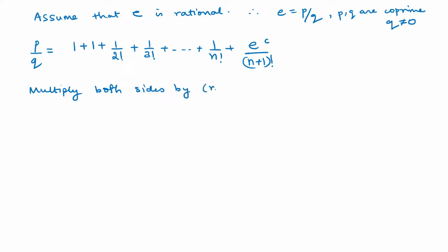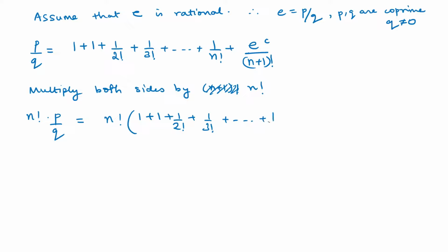So what we're now going to do is multiply both the sides by n plus 1 factorial. Okay, so what this does is that it isolates, or rather instead of this, what we'll do is we'll multiply it by n factorial. Cool. So on the LHS it gives us n factorial into p by q is equal to n factorial times 1 plus 1 plus 1 by 2 factorial plus 1 by 3 factorial up till 1 by n factorial plus e to the power of c by n plus 1.